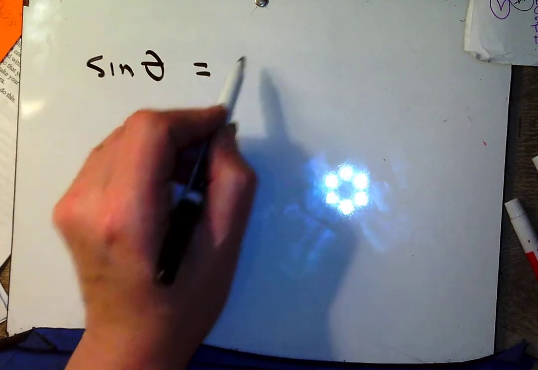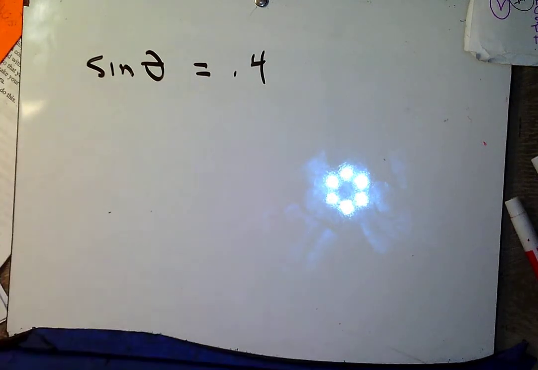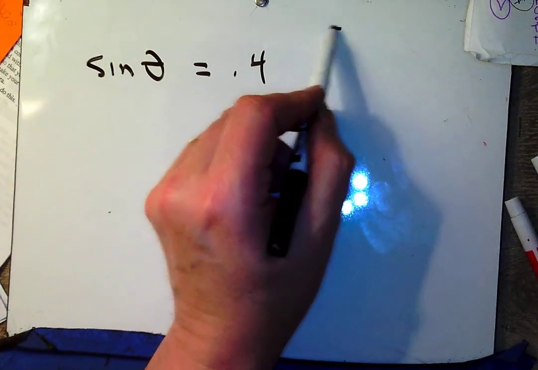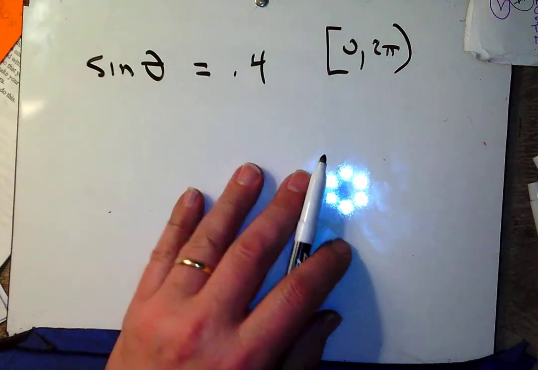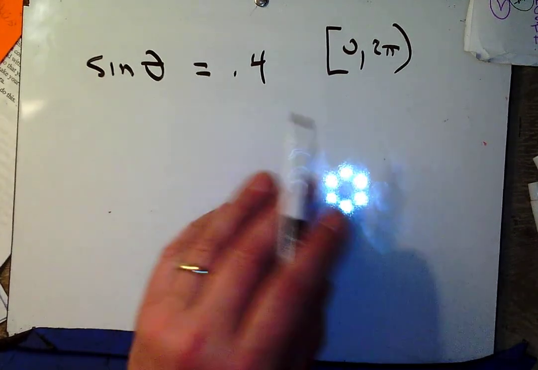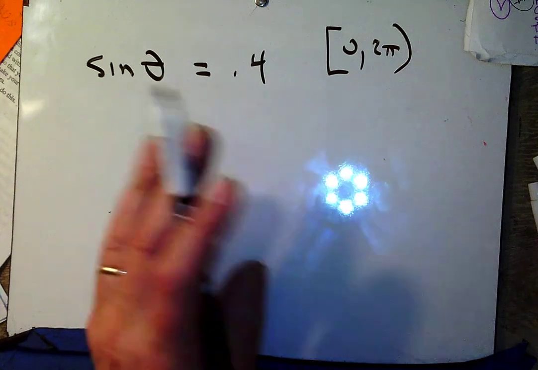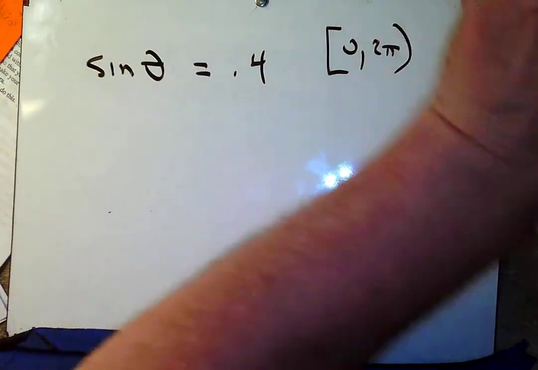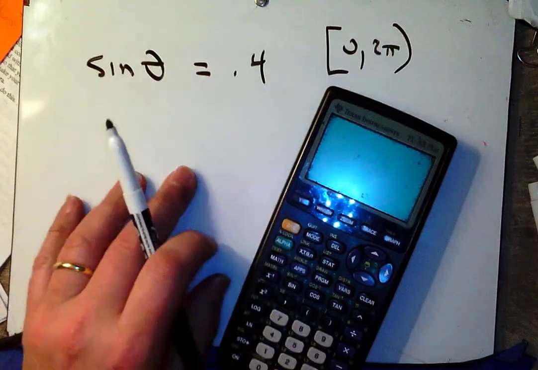Sine of theta equals 0.4. And again, I'm looking for solutions on 0 to 2 pi. And I agree, I don't recognize this from the unit circle. And that's okay. I'm going to show you how to use the magic box to help figure out when sine is equal to 0.4.